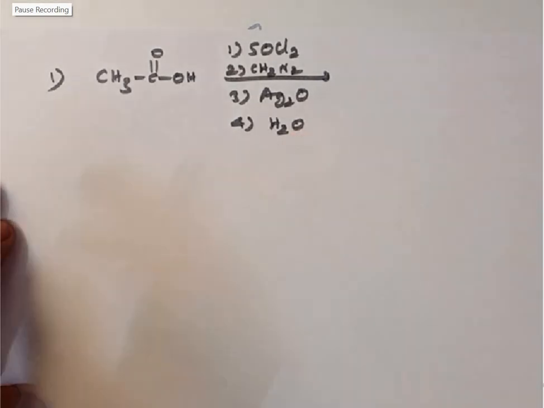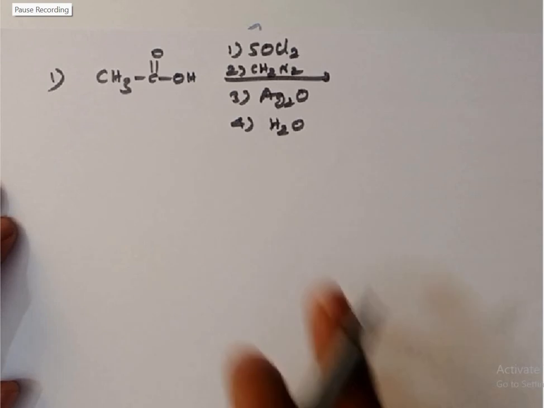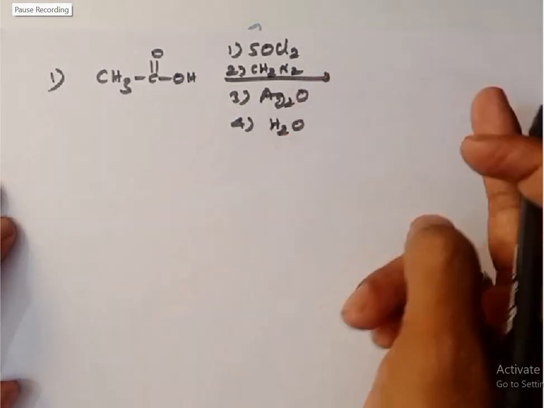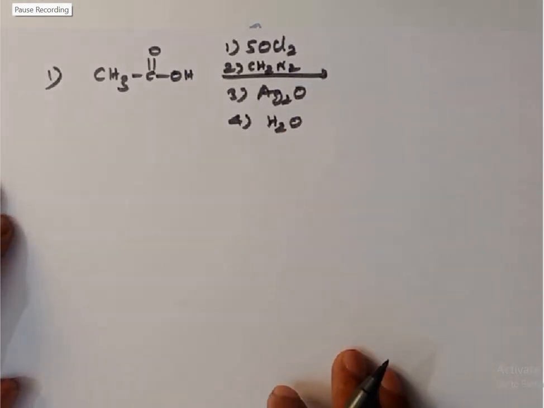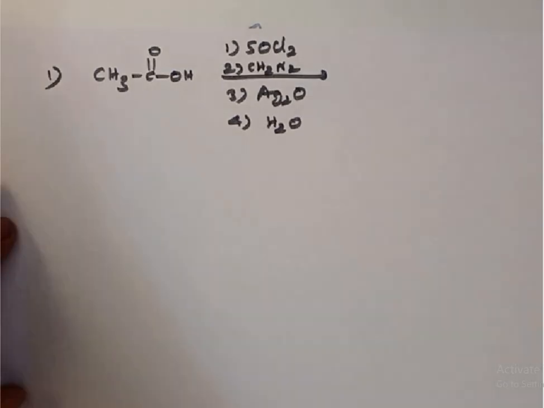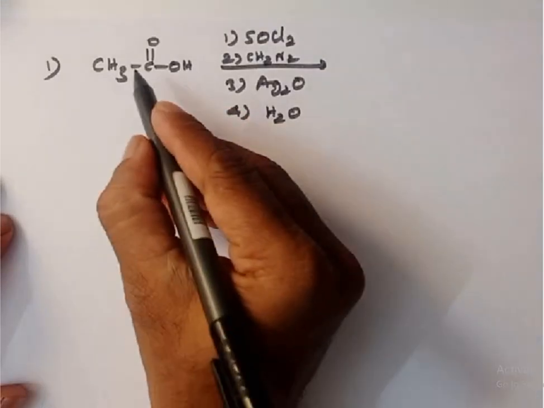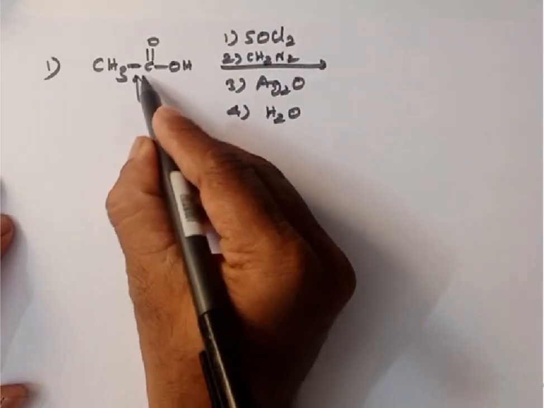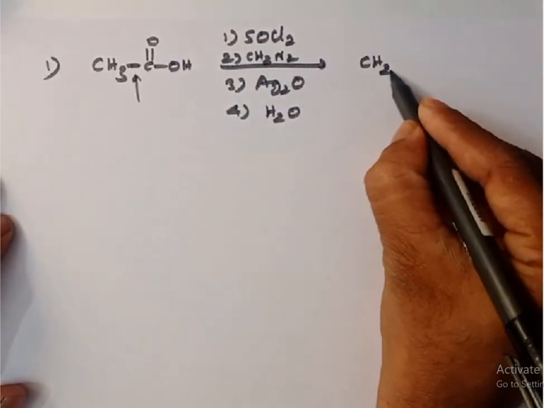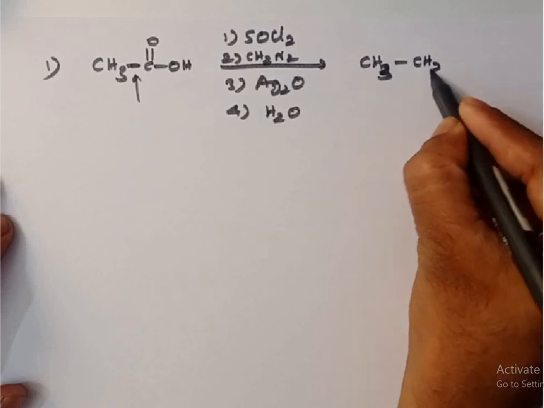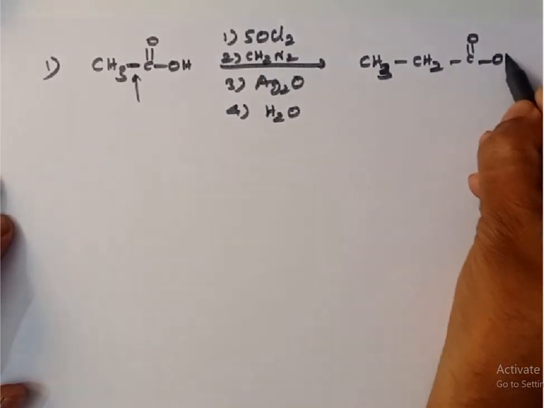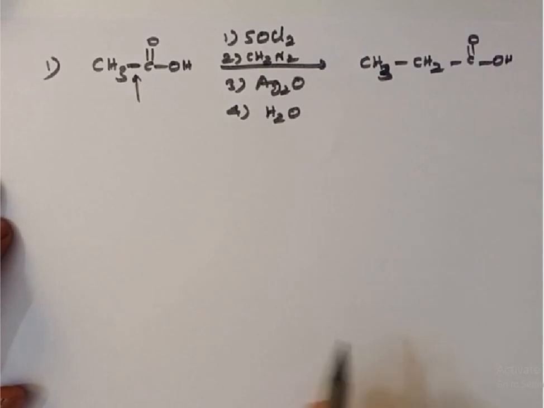If you use primary amine, you will get the corresponding amide. Clear? We are using water here, therefore the final product is carboxylic acid. Very simple: between methyl and COOH, just incorporate a CH2. CH3, CH2, COOH. You will get the next higher homolog series.